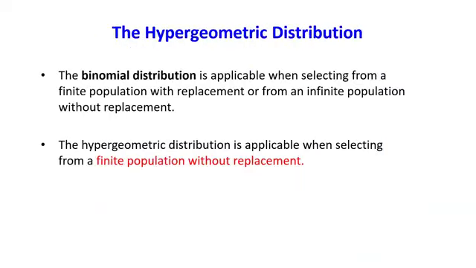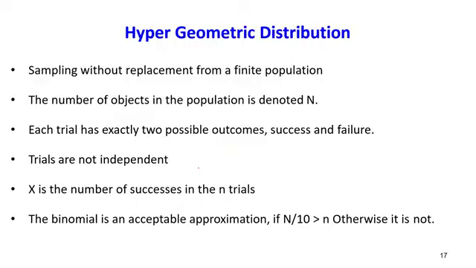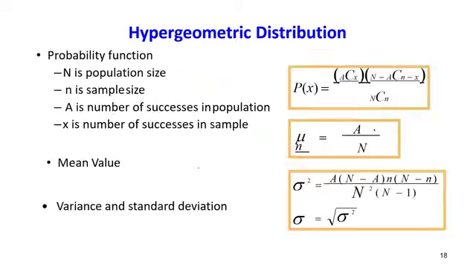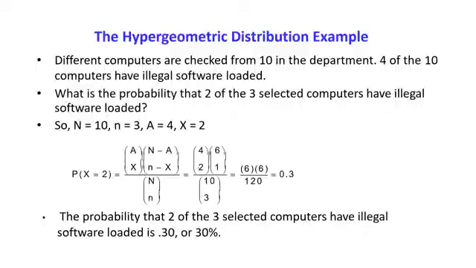Now comes the hypergeometric distribution. Here we are considering a finite population without replacement. I'll explain it with an example.